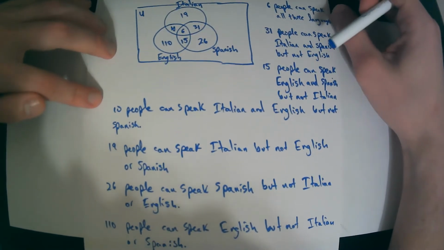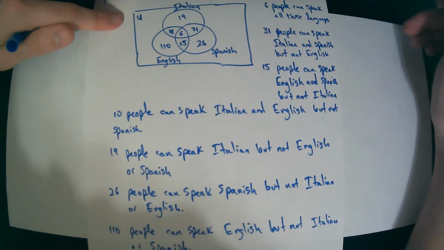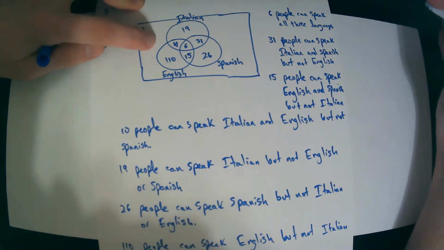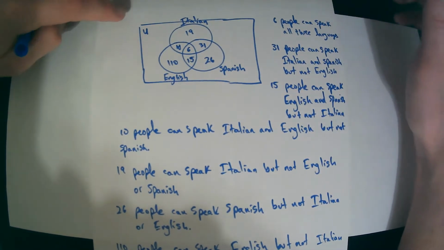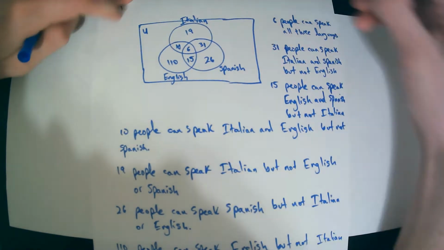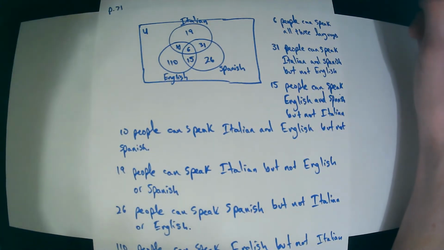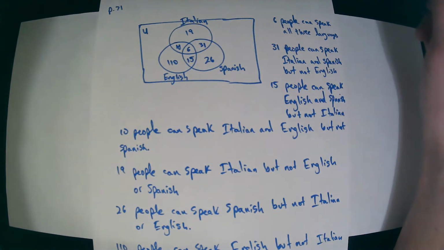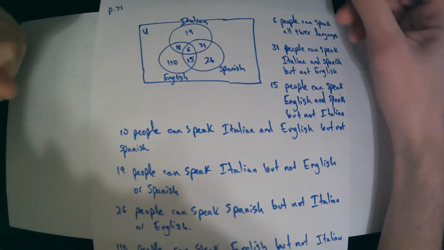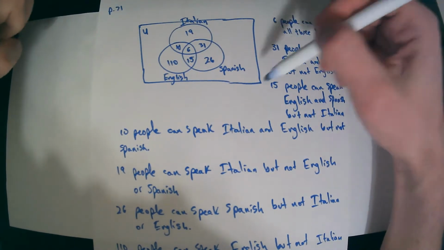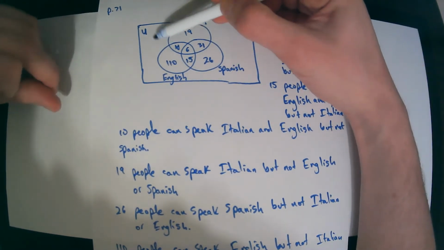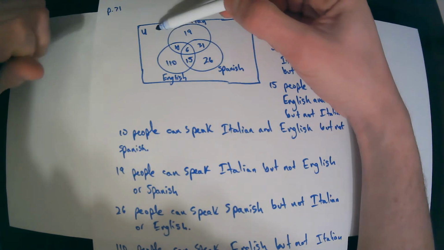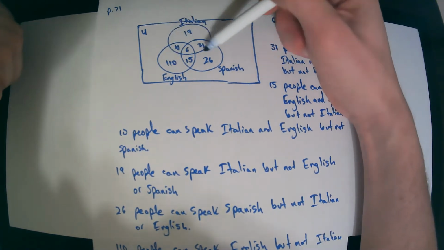Now, there is one group that we didn't explicitly discuss here. That's the group out here that can't speak any of these three languages. Maybe there's someone in this group who speaks French and Russian, but they don't speak any of the languages that we focused on in this Venn diagram, so they'd be out here in the universal set of the people being surveyed that didn't fall into any of these categories.